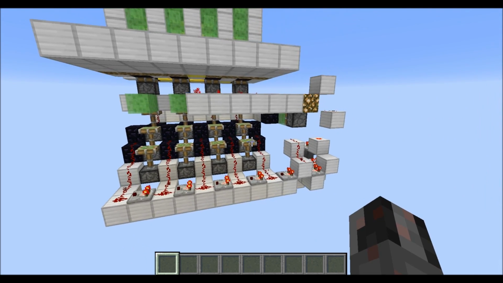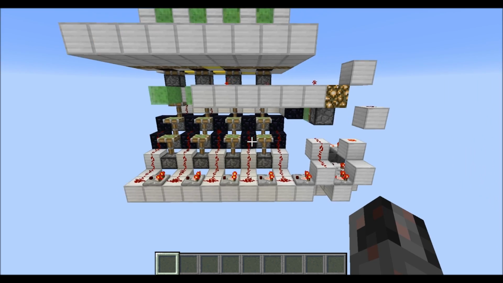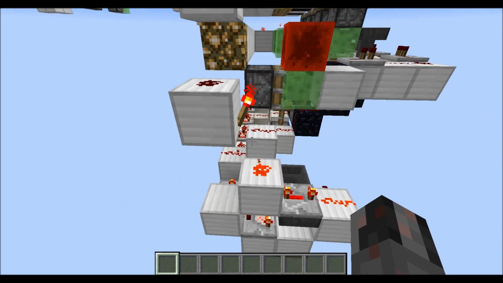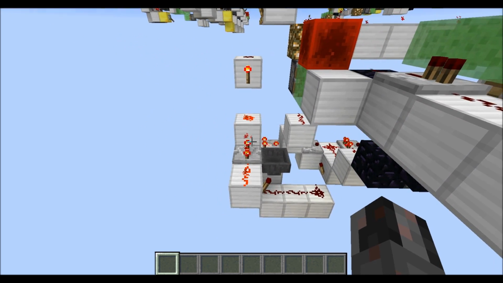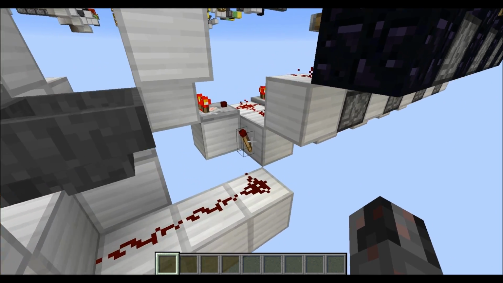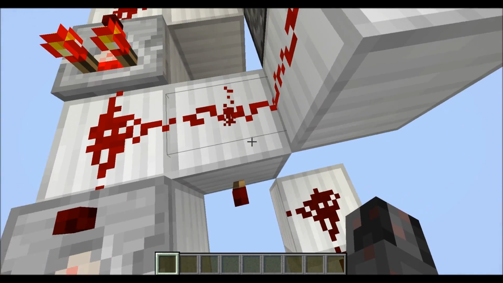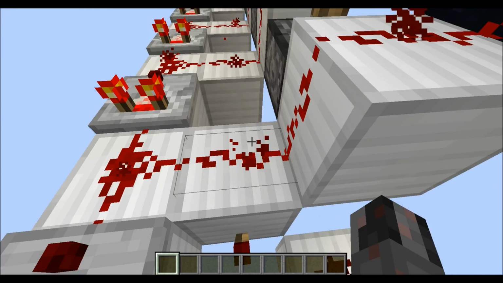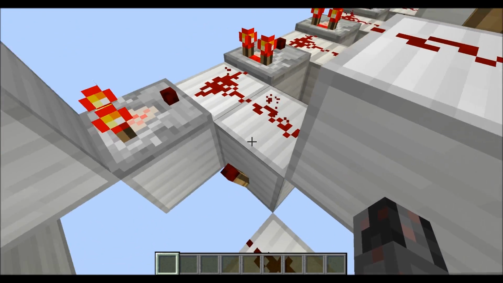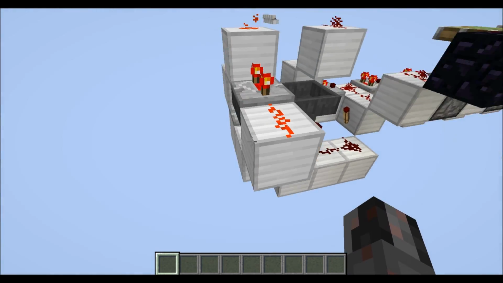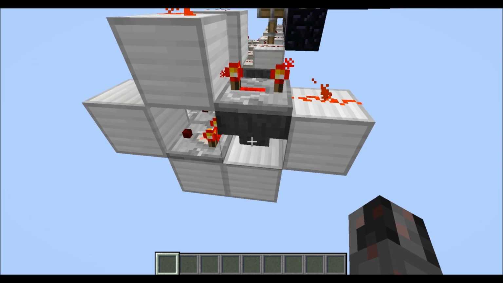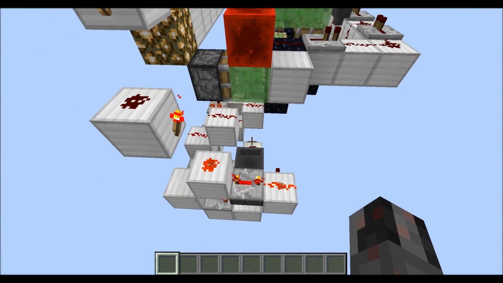Anyway, the contraption, as you can see, is just a very basic one with our analog signal generator down here. I'm using the signal that's powering the first module here, or the first piston of the first tier, inverted to power this hopper here and make this as fast as possible.